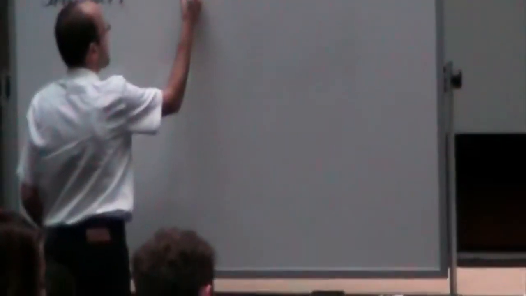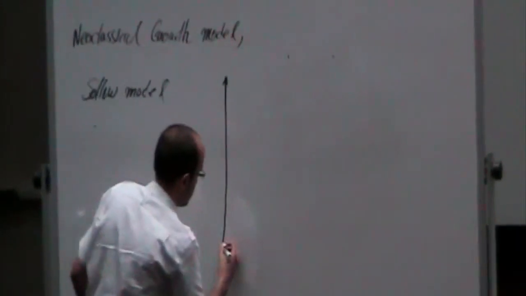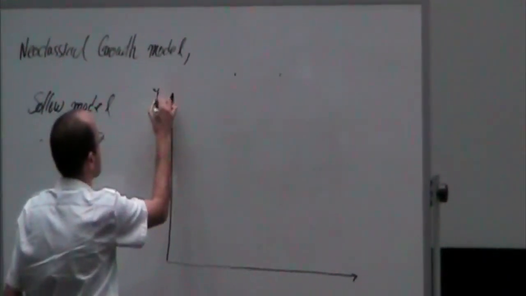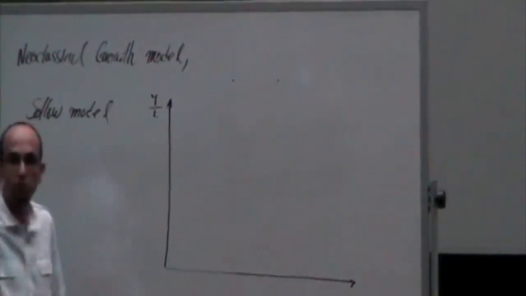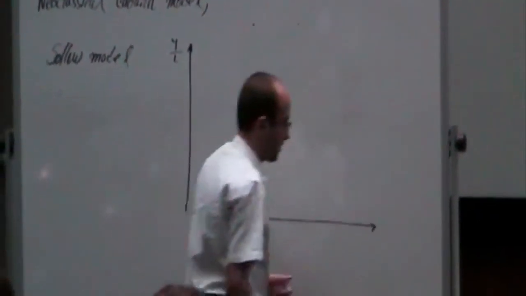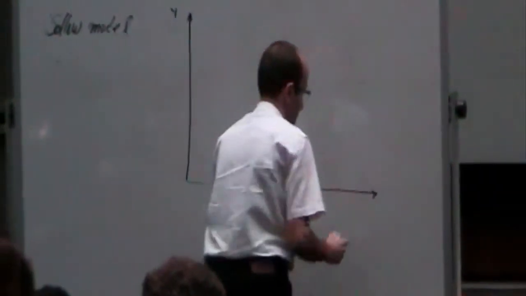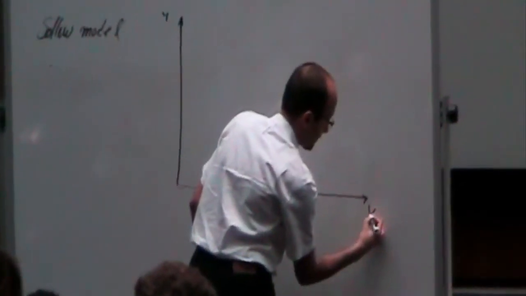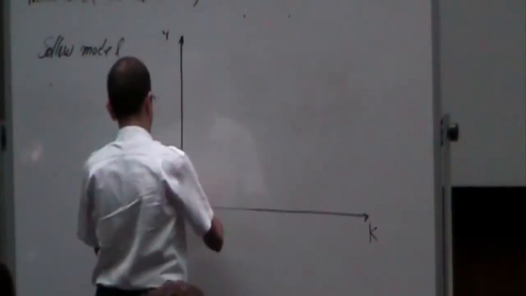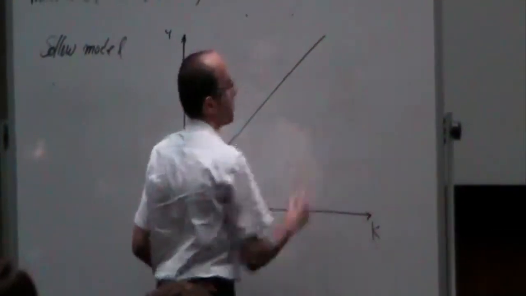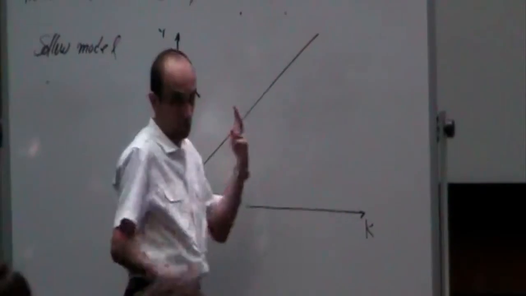So Solow basically says that if you put y, output per worker, here, and then here we have capital, then capital is changing with 2 factors.